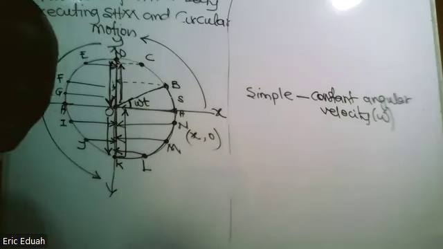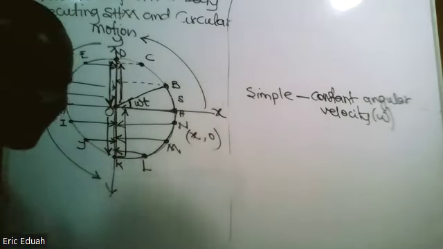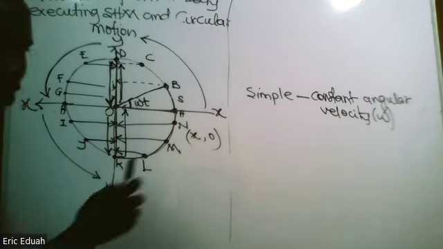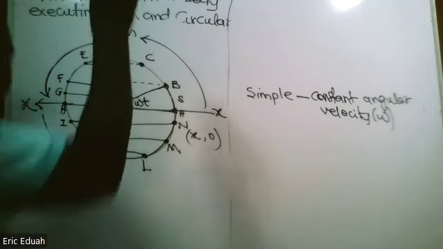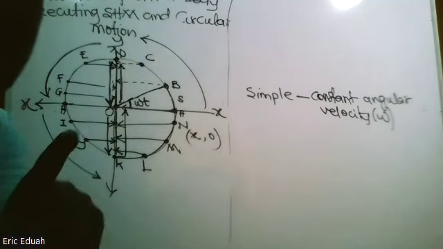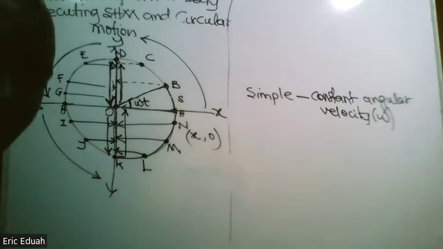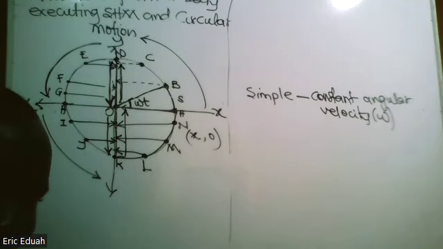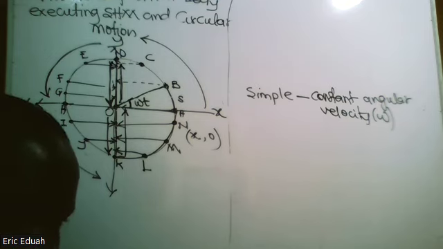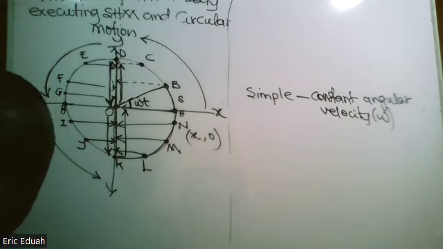So if a body is involved in circular motion, but its image also seems to be going up and down like this, what does the up and down motion imply?